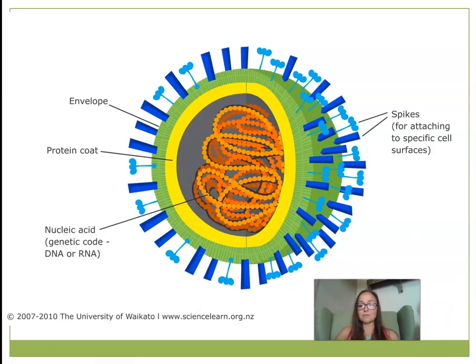When we talk about memory cells, when you develop immunity to a virus, it relies on the fact that those proteins aren't going to change. For example, when you get the flu, you develop immunity to that flu virus, but the flu virus is constantly mutating.